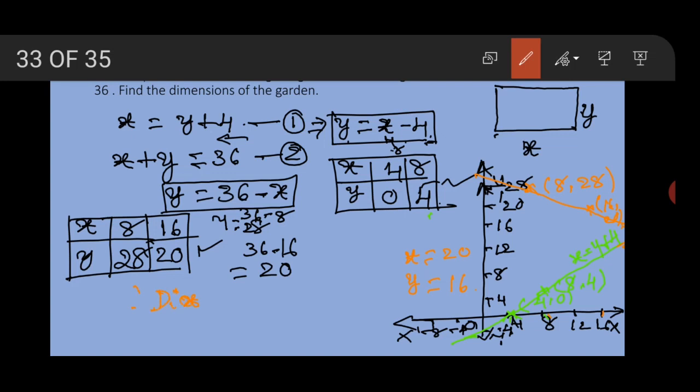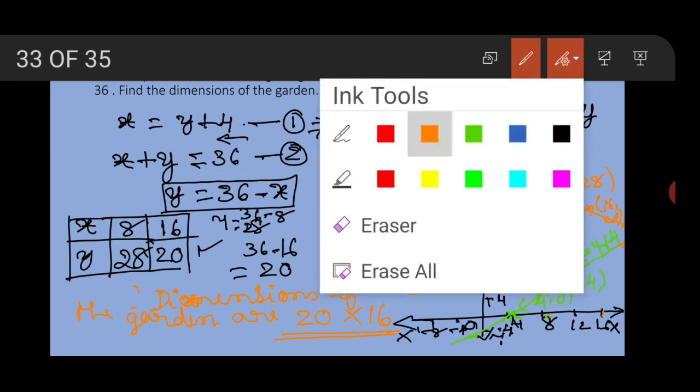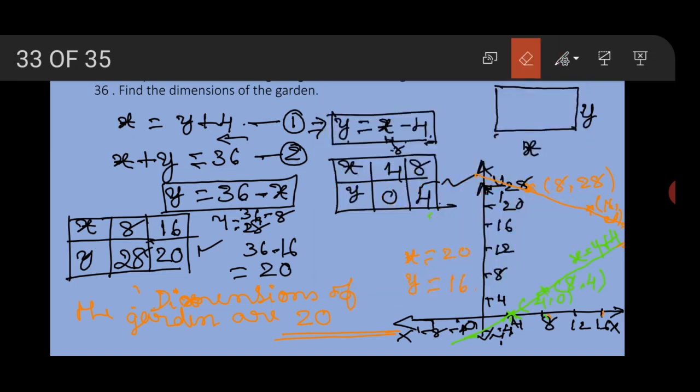X indicates what? X is the length of the garden. Therefore, dimensions of the garden are, what is the dimensions? 20 into 16, 20 by 16, right?